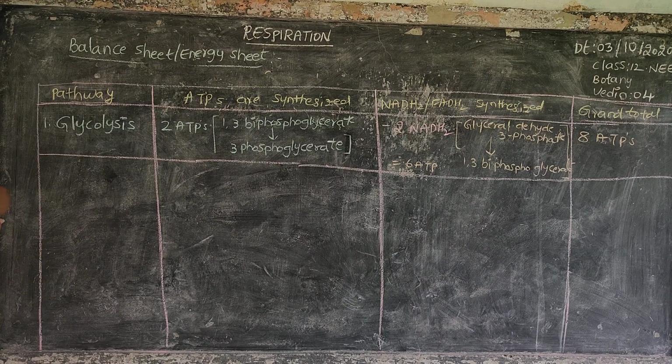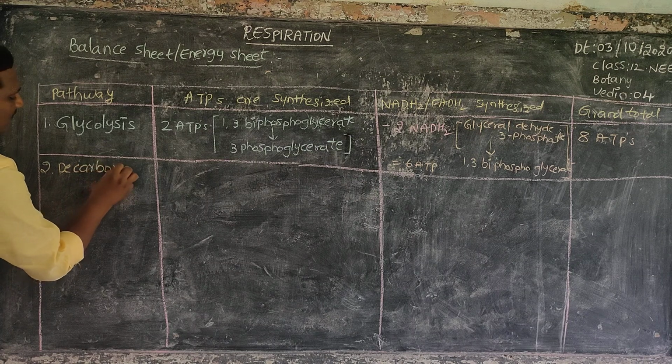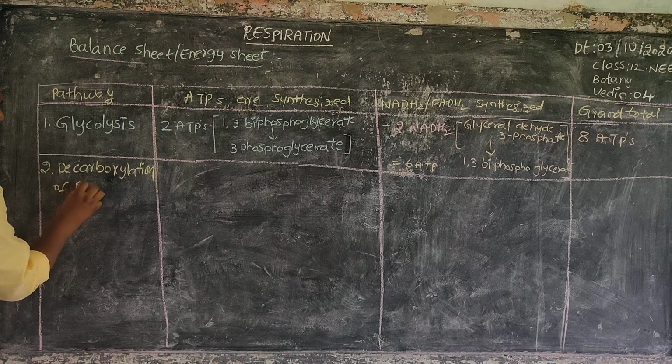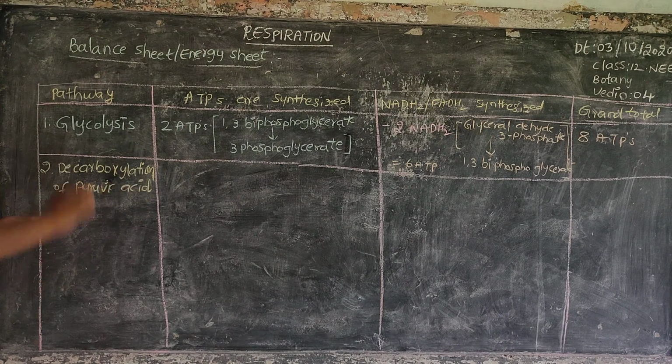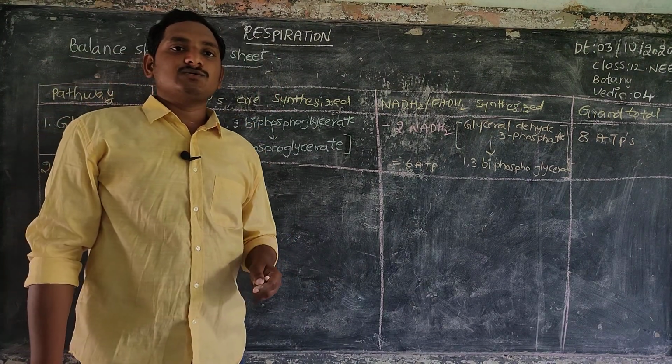Next, decarboxylation of pyruvic acid. It means pyruvic acid does not directly enter the Krebs cycle.